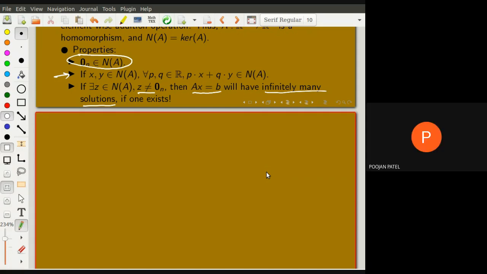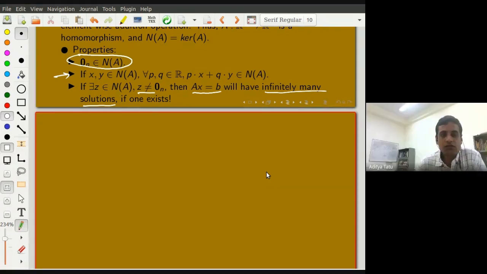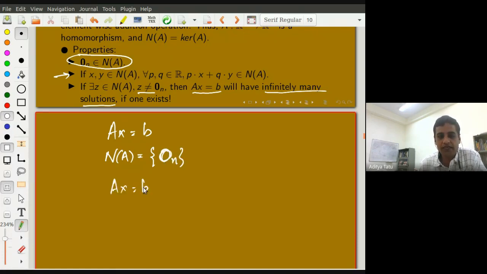A system Ax equals b such that the null space of A has only the zero vector, but Ax equals b does not have any solution.